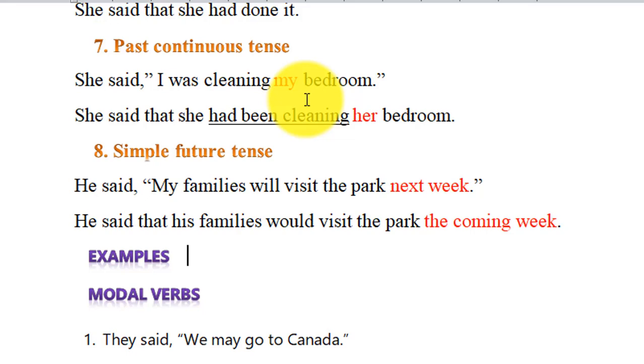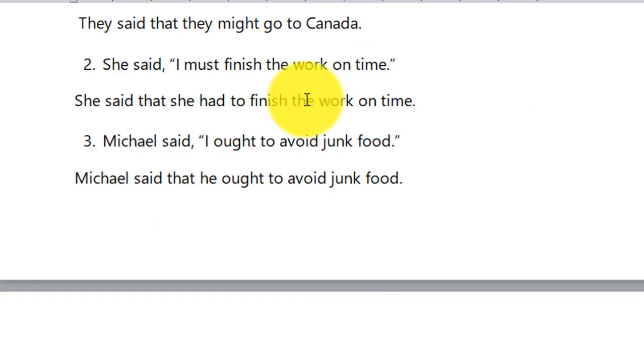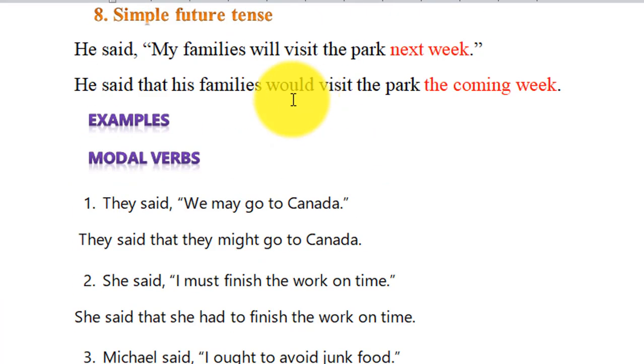I said modal verbs must change, and let me show you how they change here. They said, we may go to, cannot. Look here, the main verb may, which is a conditional. Modal verb plus bare infinitive form of the verb, the base form. For example, we may go to. We don't say we may goes to, we may going to, or we may went to.